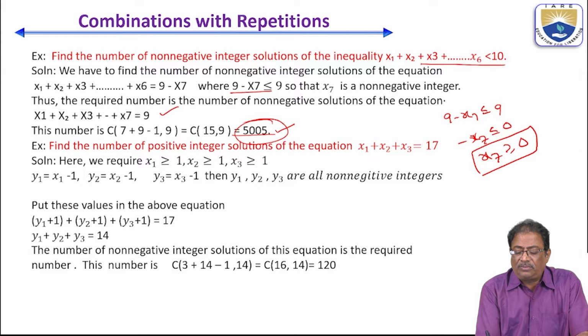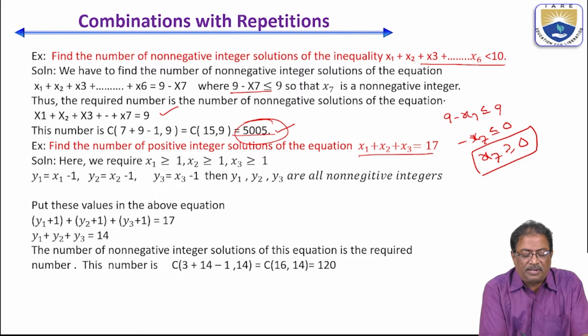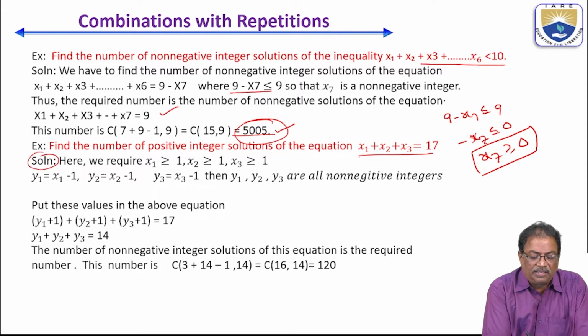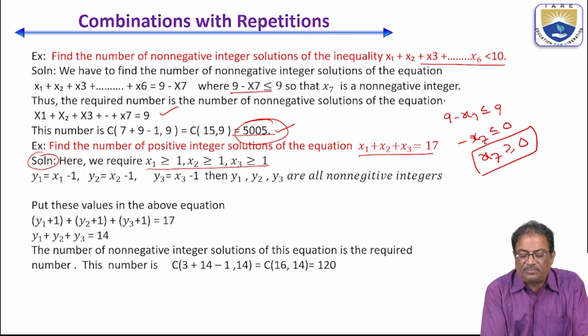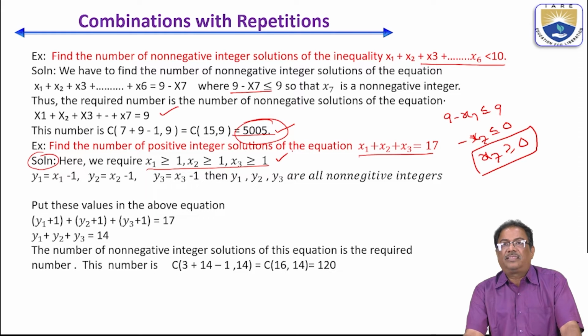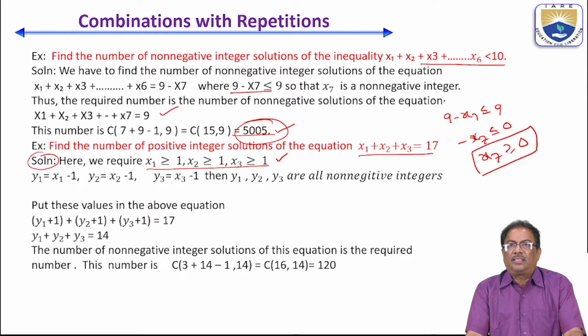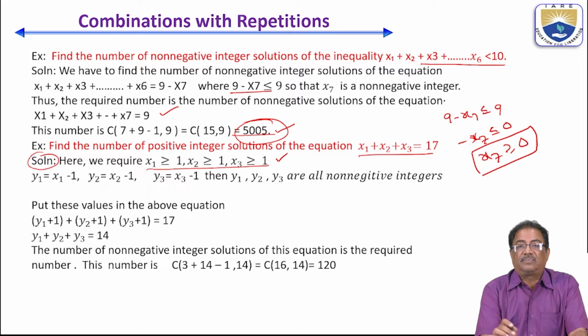Now let us go for this. Find the number of positive integer solutions of this equation, subject to the condition: x1 is greater than or equal to 1, x2 is greater than or equal to 1, x3 is greater than or equal to 1. So we have to find the solutions of this equation, provided they satisfy this condition.